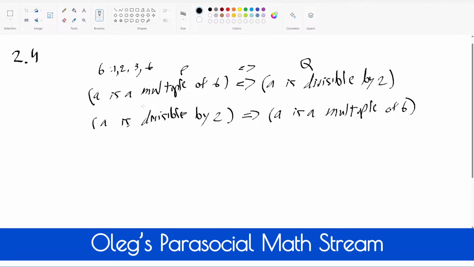Okay, so this is Q implies P. Now, if you look at it, a is divisible by 2, so it could be 2. It says that implies that it is a multiple of 6. It's not necessarily true. 4 is divisible by 2. It doesn't mean it's a multiple of 6. It's not.